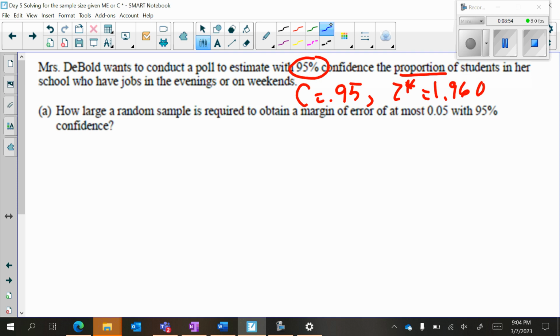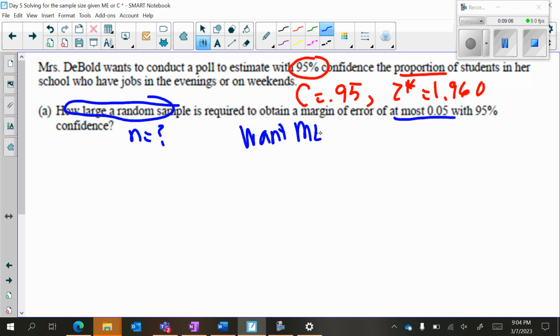How large of a random sample, so they're asking you what does N have to be to obtain a margin of error of at most 0.05. Okay, so they want the margin of error, ME, to be within 0.05. Okay, so basically, you have to solve for that N, which is the sample size.